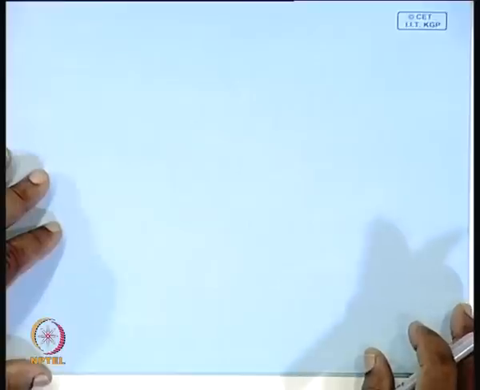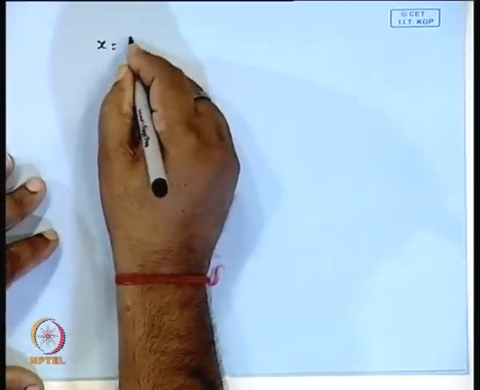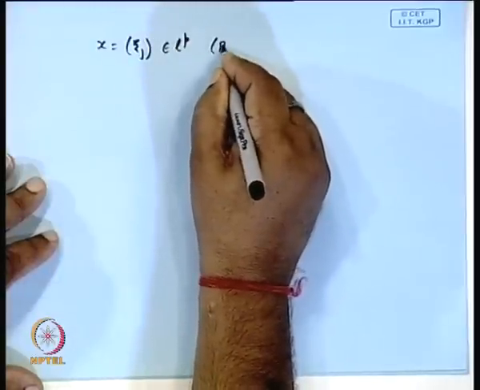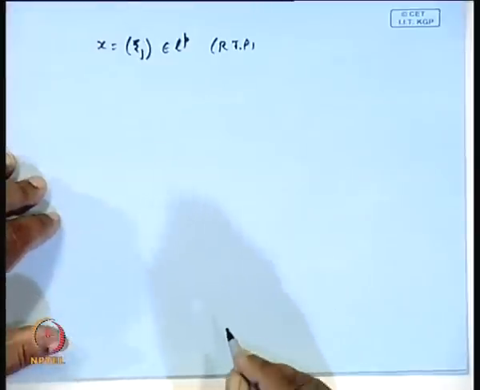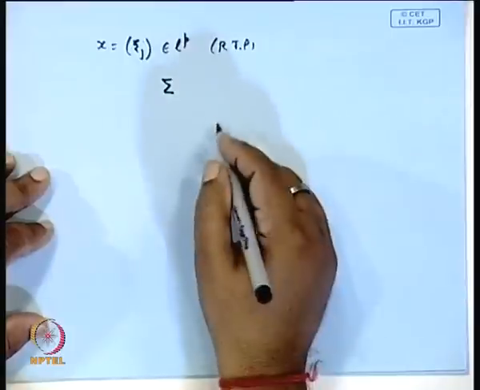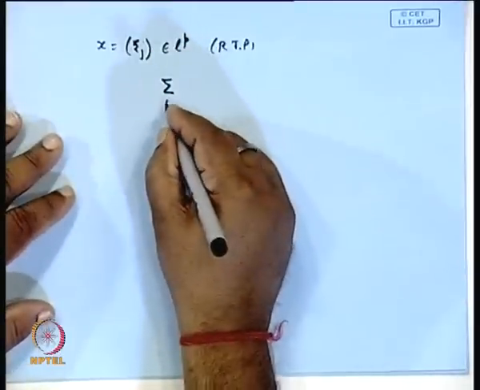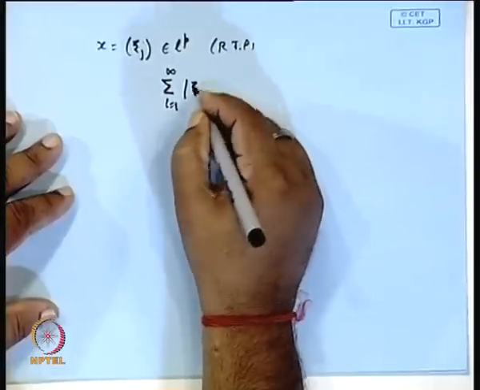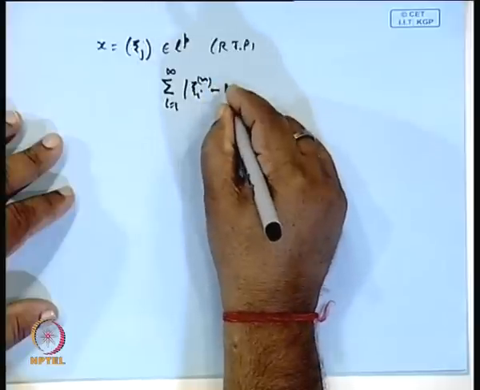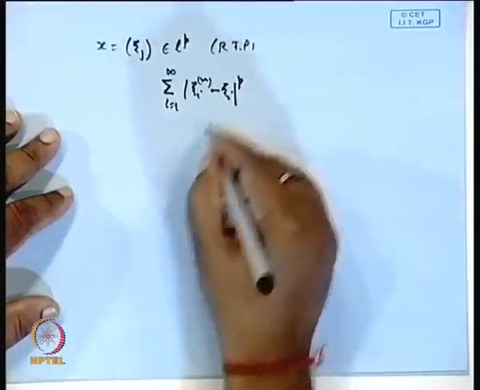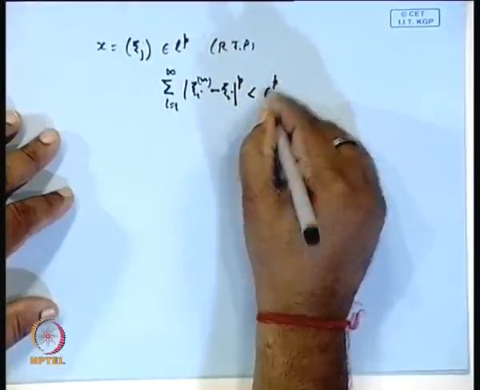Okay. Now, to show x belongs to l^p, we start with this. What we want is that the limit point x belongs to l^p. We have already seen that the sum over j is 1 to infinity of mod x_j^m minus x_j, raised to the power p, is less than epsilon^p.